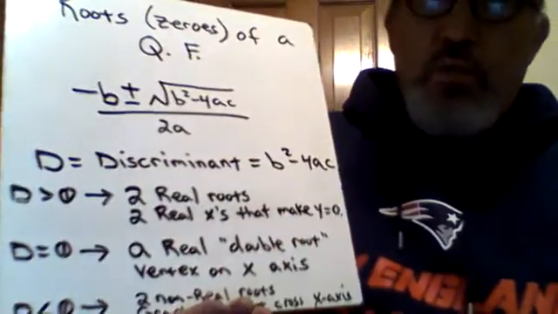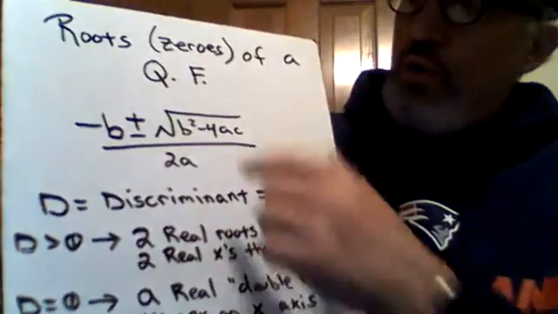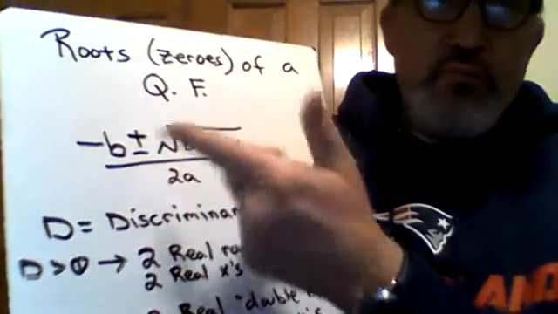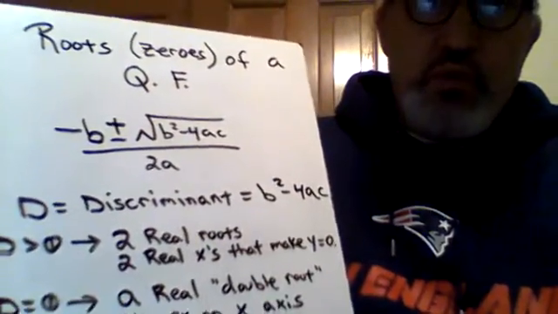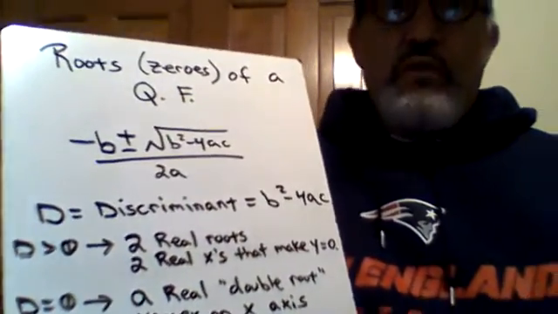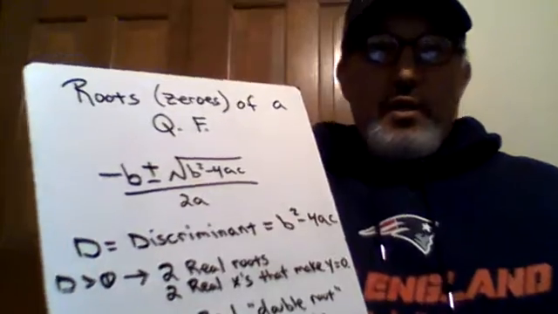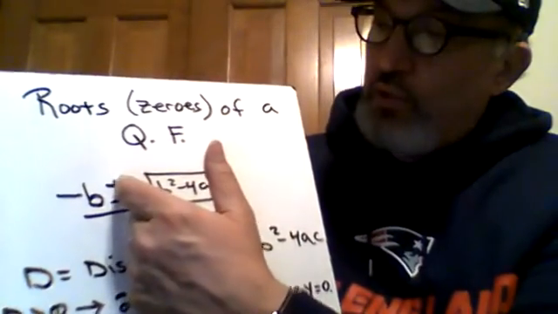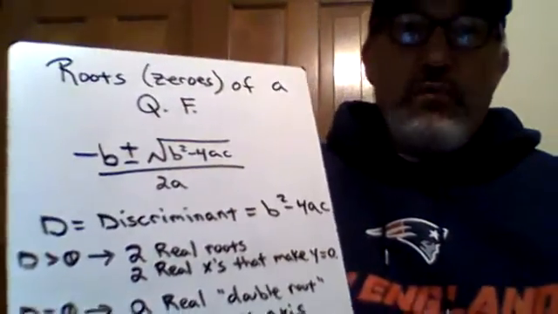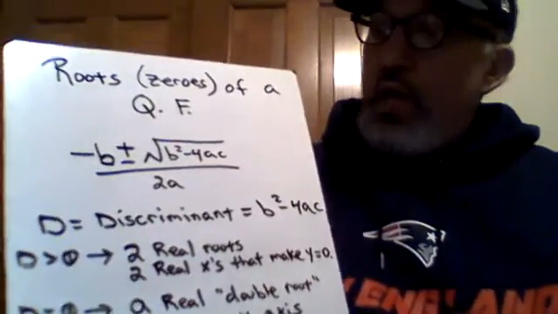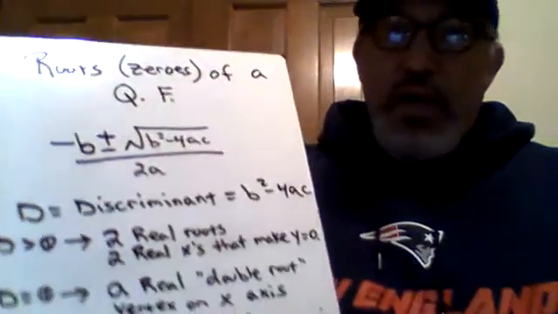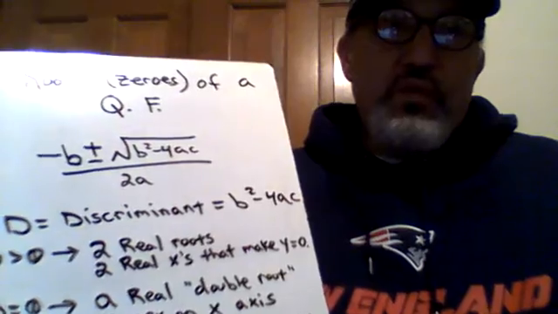When the discriminant is positive, when it's greater than 0, you don't have any problem with this square root. It's a real number. The square root of a positive number is real. And of course, we use the positive version and the negative version of that square root. Now, the b squared minus 4ac may or may not be a perfect square.